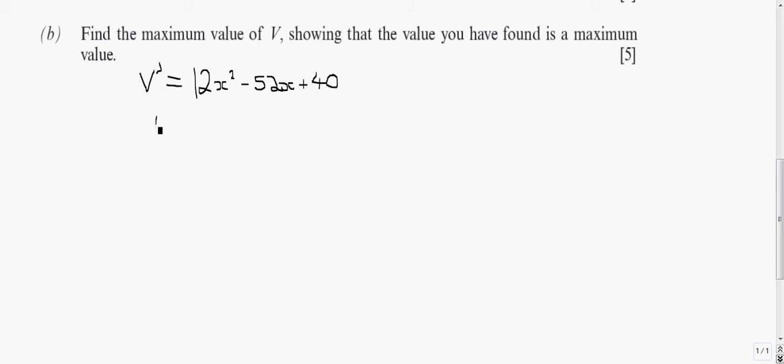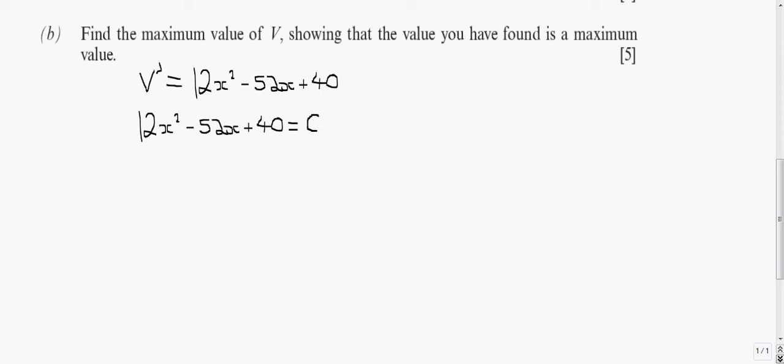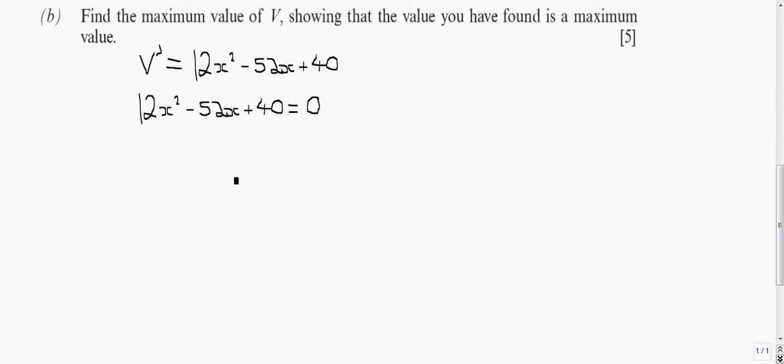So we're going to have this whole equation here, equal to 0. And we can divide through by 4 here, and we end up with 3x squared minus 13x plus 10 equals 0.